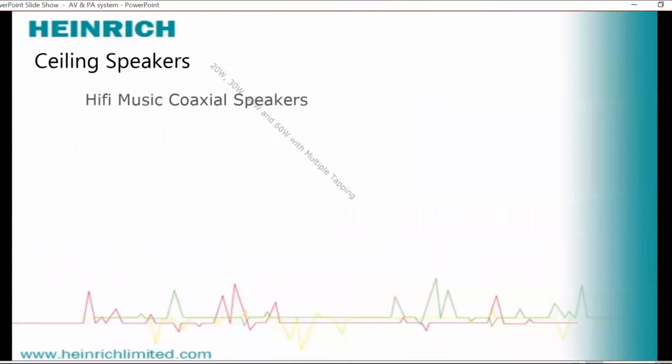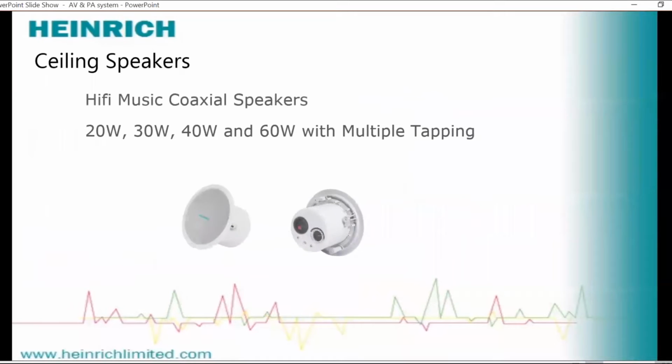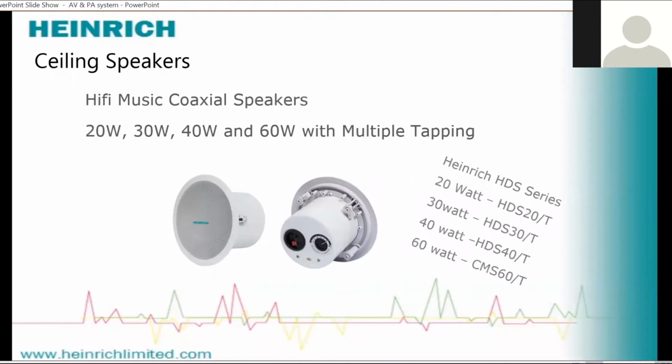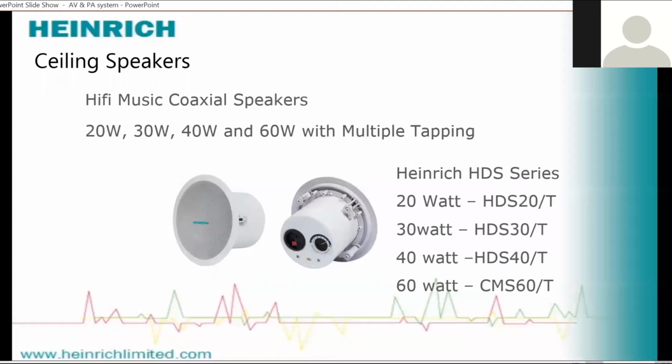So the types of loudspeaker we have for the conference room. If you are using ceiling speaker, then we have our SDS series that are available in 20 watt, 30 watt, 40 watt for conference rooms which have the normal ceiling height, like 2 to 3 meters.